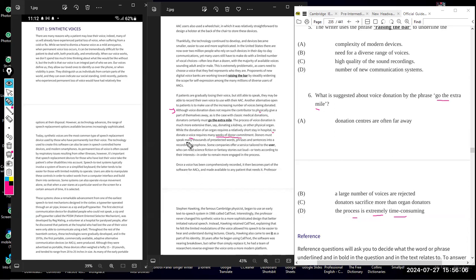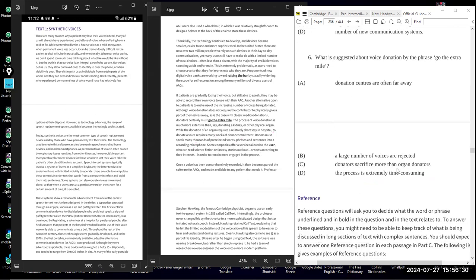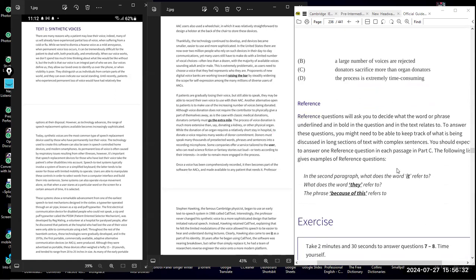Donors must speak many thousands of words, phrases, sentences into recording microphones. Exactly. So this is the correct answer, which is D. So this is the exact meaning about vocabulary question. This is really easy. Absolutely, I have to understand the whole sentence, the whole meaning, just to be able to write the correct meaning of vocabulary.